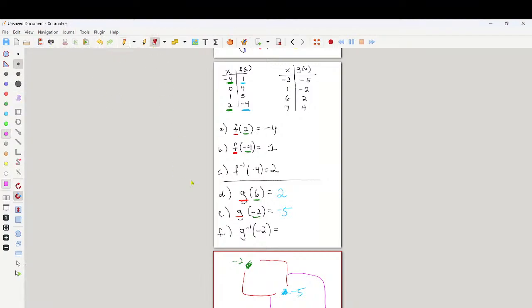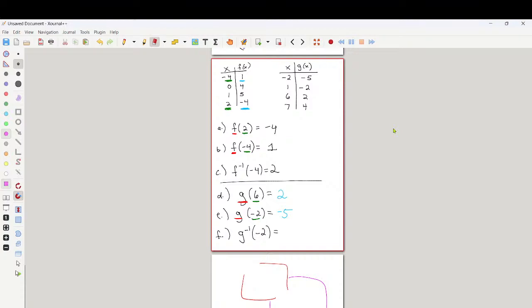Let me clean this up. So it's saying, here's the inverse. We're feeding it -2. So these have to be in agreement.